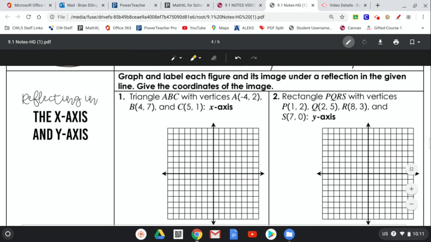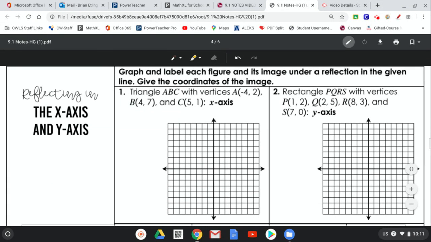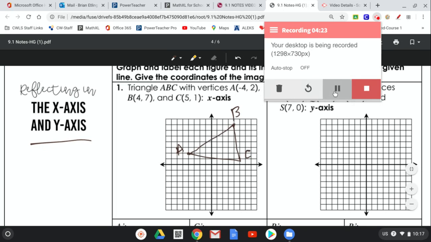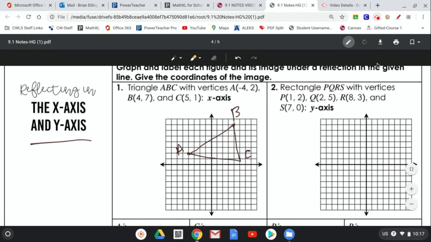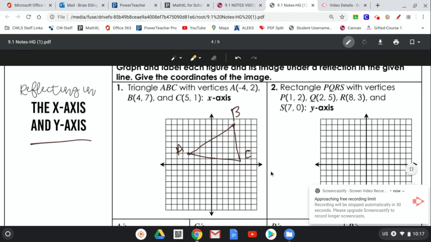So for numbers 1 and 2 in this first section, we're reflecting on the x and y axis. We're going to have triangle ABC here, okay? Triangle ABC. All right, so I just graphed it here real quick. And for this one, we're reflecting it over the x-axis.